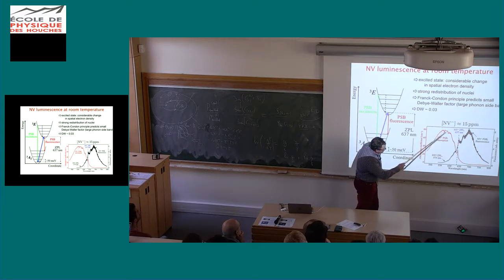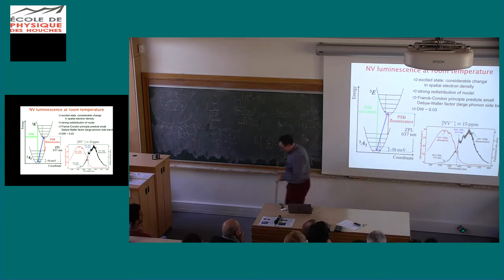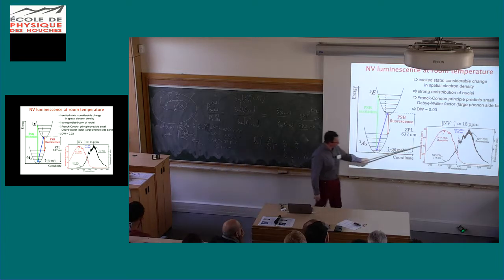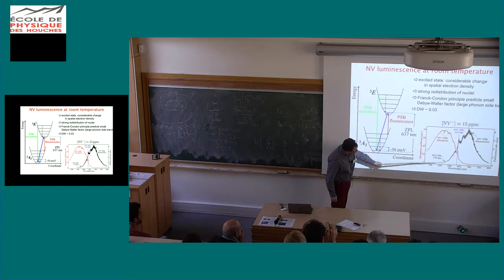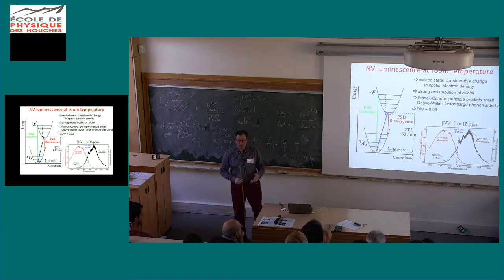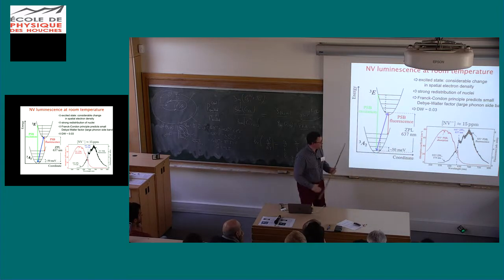So this is the NV absorption that you see here as a function of wavelength for a sample that is highly concentrated with NV centers. So you have a peak of absorption around 550 nanometers. So if you take a green laser, you will have a strong absorption.